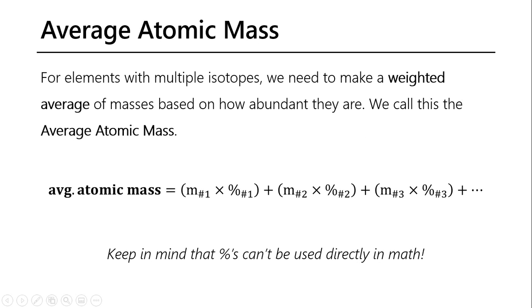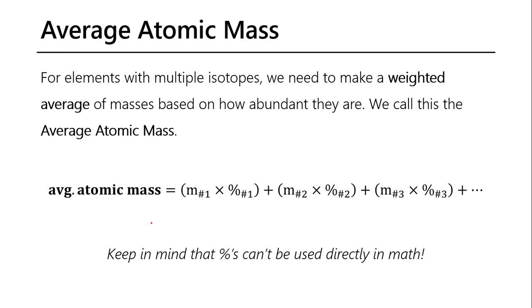Now, something you have to be careful of is that percentages kind of hide the true nature of a number. So I can't just multiply by 50% and hope for something to go right. Multiplying by 50 is going to make my number way bigger. What that 50% means is actually 0.5. It's 1/2. So I want to multiply by 0.5, not the actual percentage as it is.